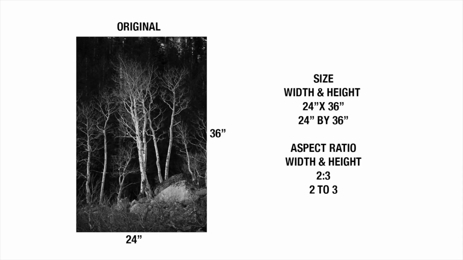Note that I'll be showing width and height of a piece of art in the format of 24 inches by 36 inches. I will say by and inches using the X, the times symbol. I'll be showing aspect ratios with a colon and usually saying 2 to 1, 2 to 3, something along those lines.